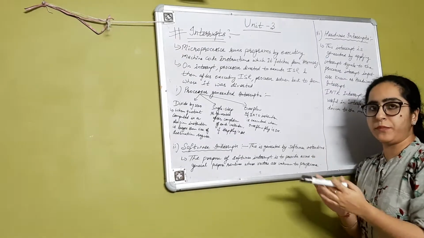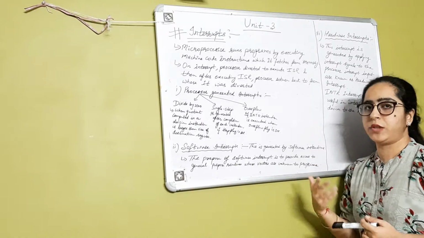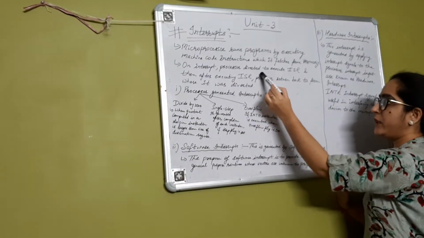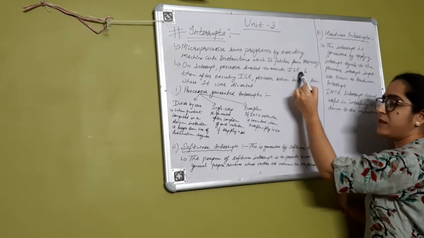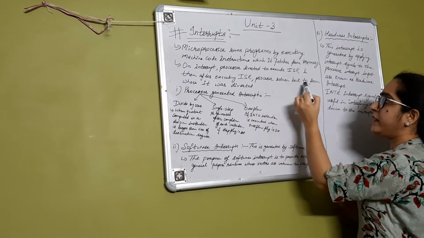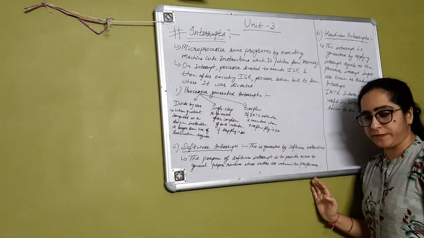On interrupt, the processor is diverted to execute the interrupt service routine, and then after executing the ISR, the processor returns back to where it was diverted from.